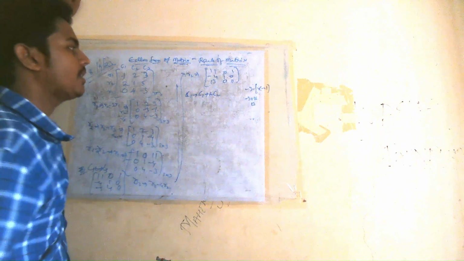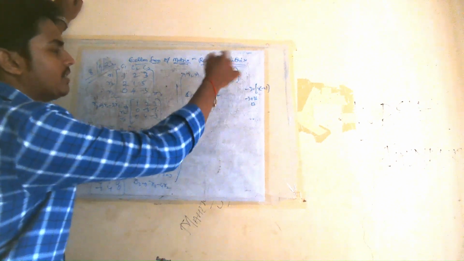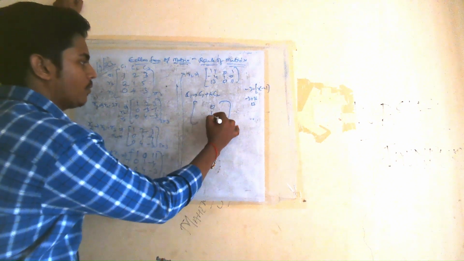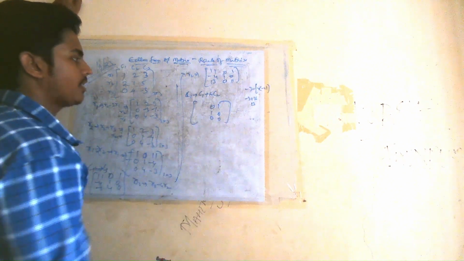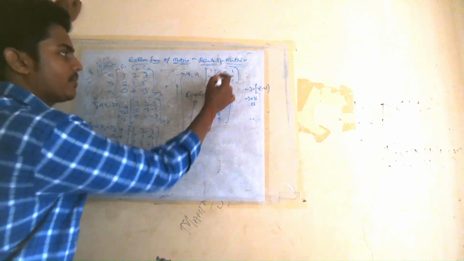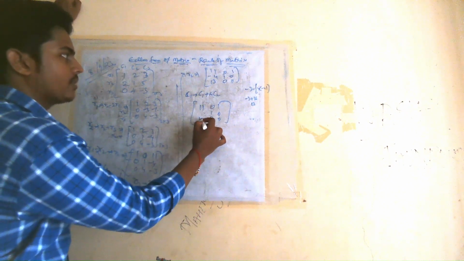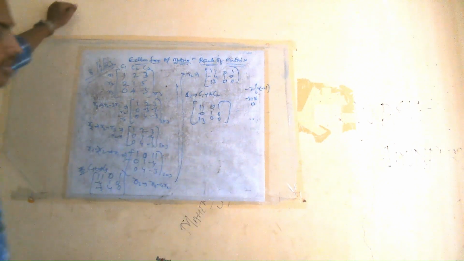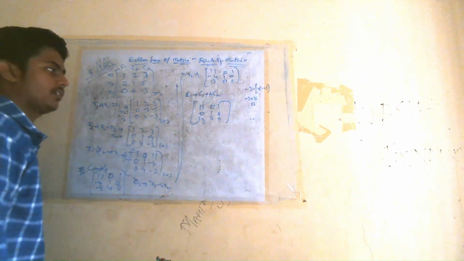If I take C1 implies, this is C1, right? C1 plus 4 C2. My C2 and C3 are not going to be changed. C1 minus 4 times 0 is nothing but again 11 only, here also 13 only. But minus 4 plus 4 times 1, this is going to be 0. Now you got these many zeros. Now can you change further?